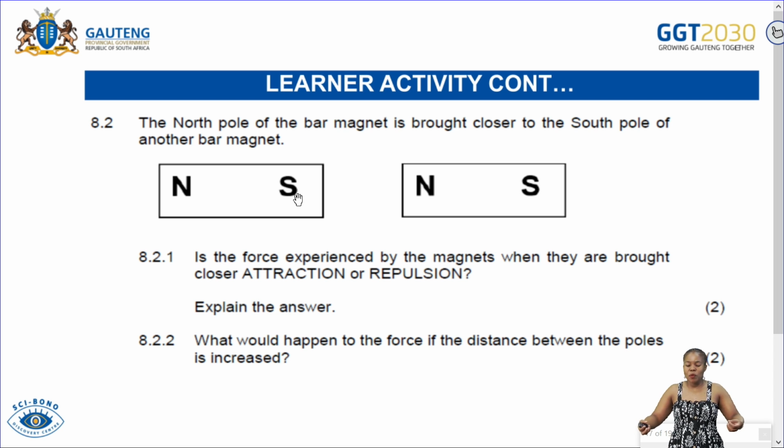But as we move them closer towards one another, the magnetic field strength increases, because now the magnetic field lines of one magnet are interacting with the magnetic field lines of the other magnet. That is how simple it is to go about answering these questions.